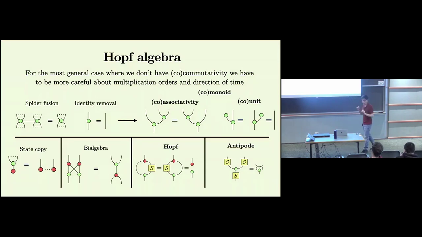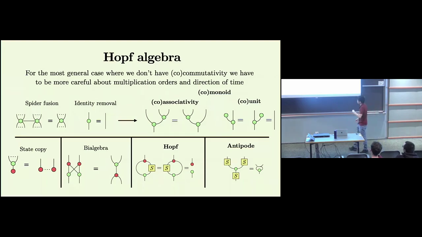We have to be more careful. But in the mathematics literature, the fact that you can fuse these green things into one big blob is secretly this notion of having an associativity condition and a unit condition. It's just telling you that green things can be treated as one big green thing as long as you keep the order in which you multiply them. Okay. So this is something called a monoid.